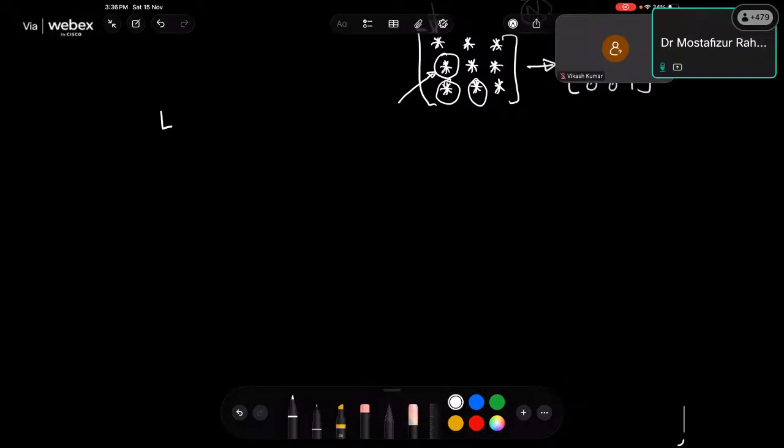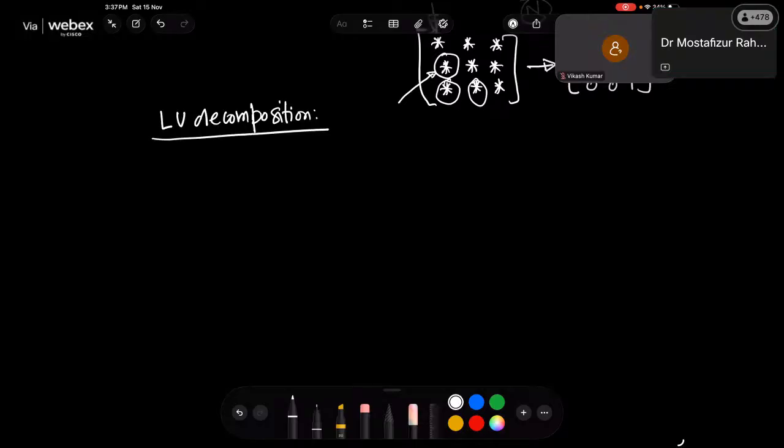Second is the LU decomposition. Now I will also say which method we should use when, right? I can sometimes break this matrix this way.